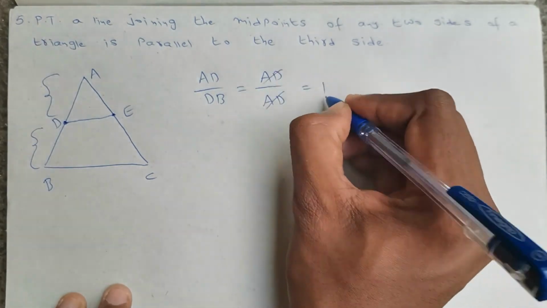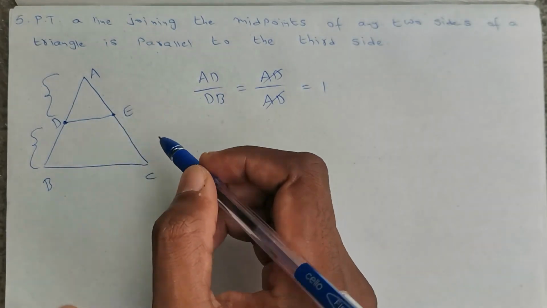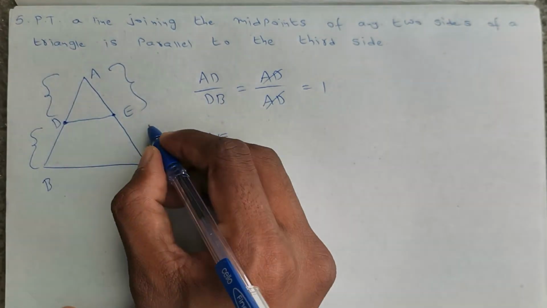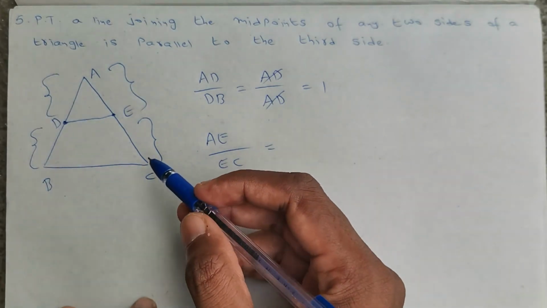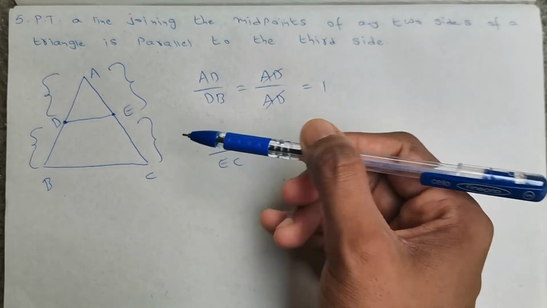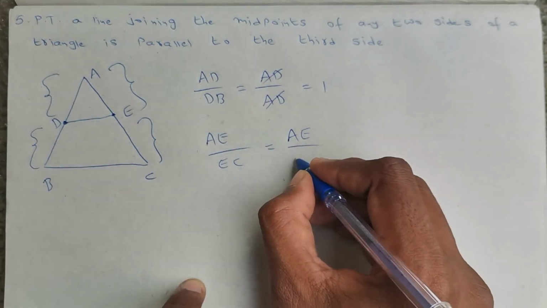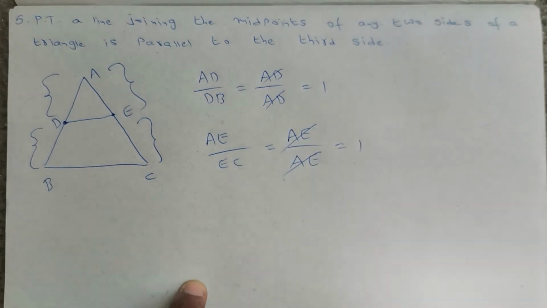AD will get cancelled, we remain with 1. Next, I am doing the same to the right side part also. Upper part AE divided by lower part EC. We know very well that E is the midpoint, so upper part measurement is exactly equals to the lower part measurement. So AE I am writing as it is. In the place of EC also I am writing AE. AE both will get cancelled, we remain with 1.